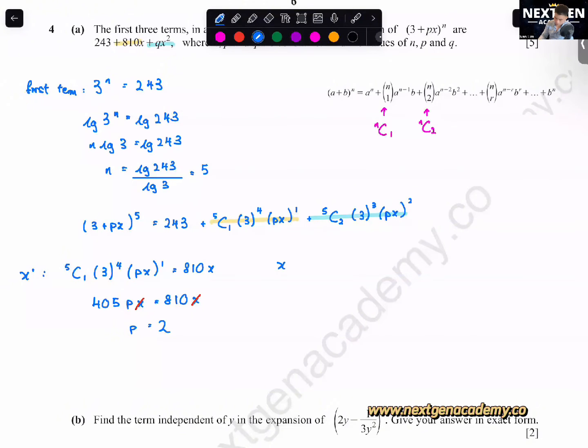And then the next one, x power 2: 5C2, 3 power 3, px squared equals qx squared. This is for the blue color terms. Type in the calculator 5C2 times 3 power 3, okay, 270.